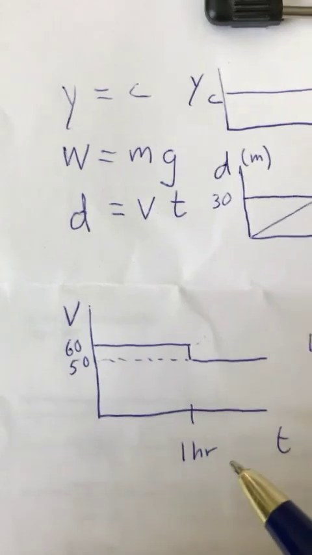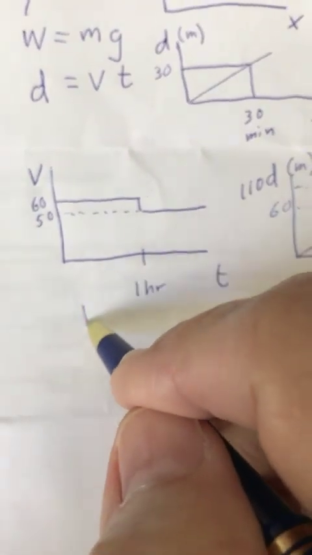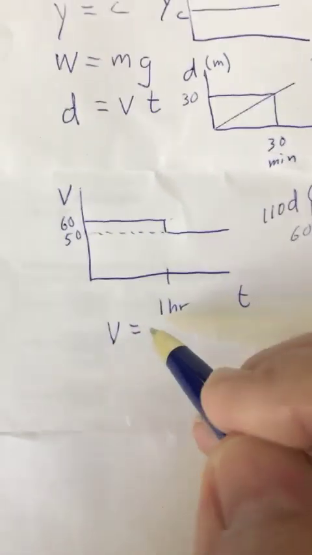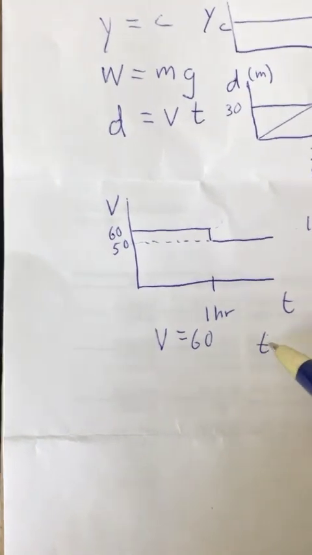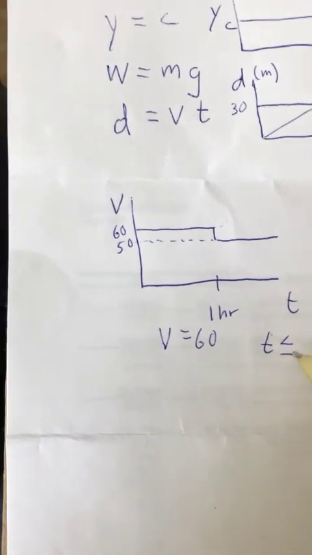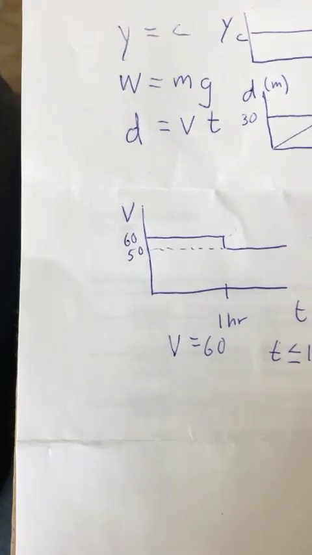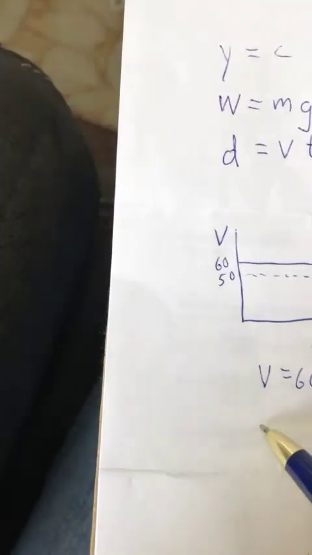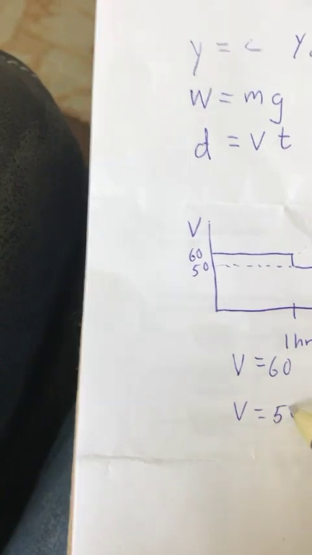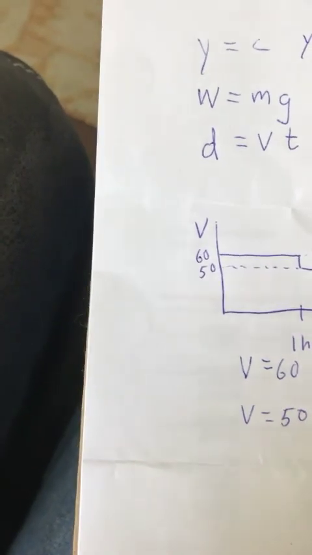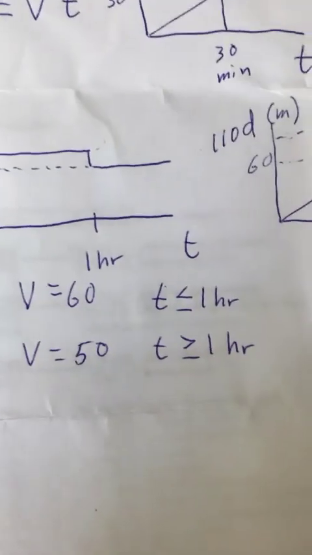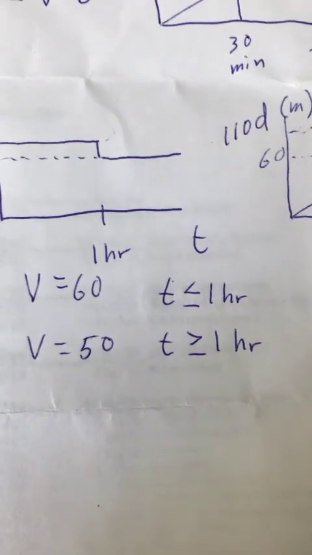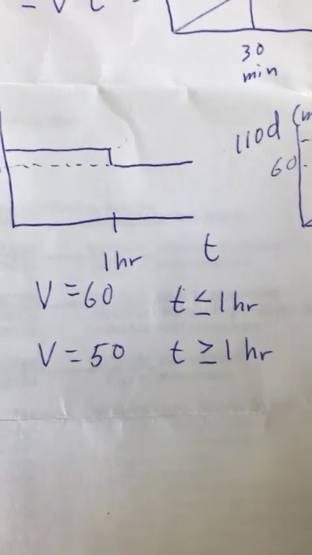We would write something like v equals 60 for t less than or equal to 1 hour, and v equals 50 for t greater than or equal to 1 hour. And remember, that's an idealization again, because it's not precisely 1 hour.